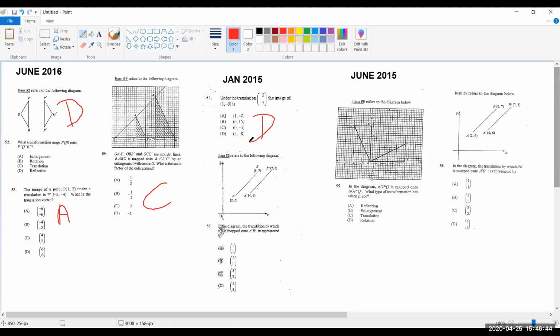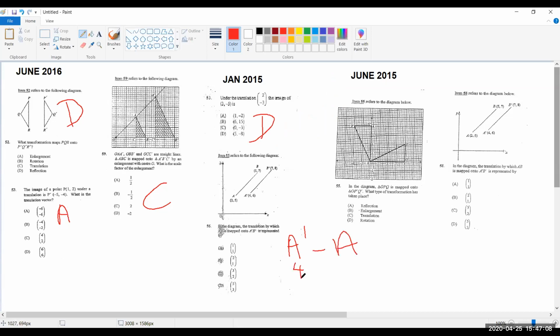Let's look at this next one here. What is the answer? B. In the diagram, the translation by which AB is mapped onto A1B1 is represented by. Okay, so let's look at A1. In this case, it's A1 minus A, right?